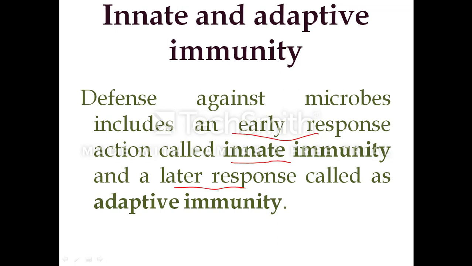When the organism is getting acquainted or adapted to the environment, it will be exposed to many microorganisms. And during that period, while developing resistance against the microorganism, it shows adaptive immunity. Hence, innate immunity is early response, whereas adaptive immunity is later response.